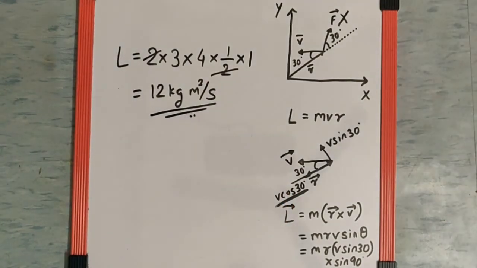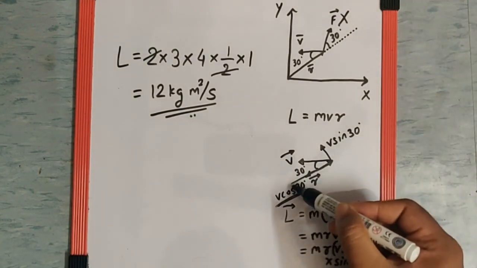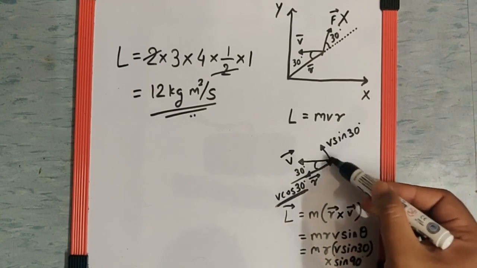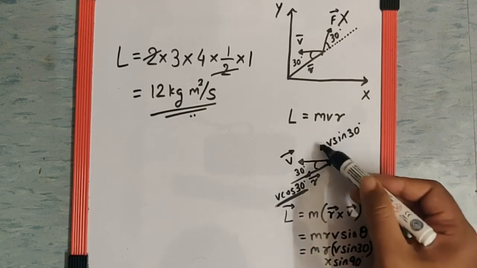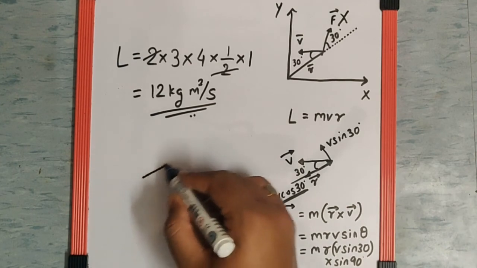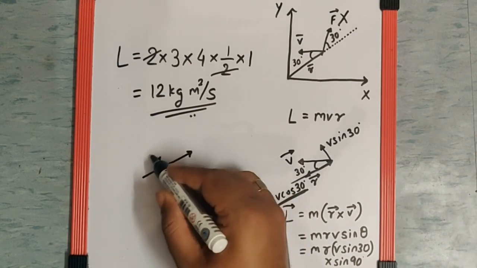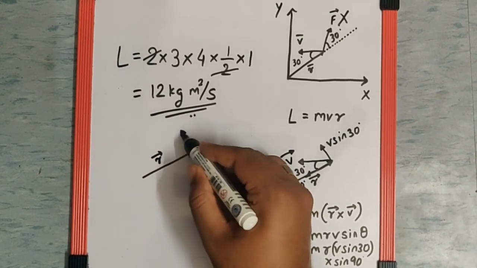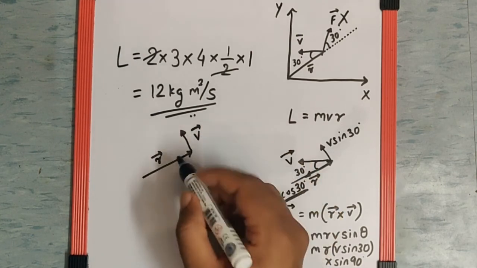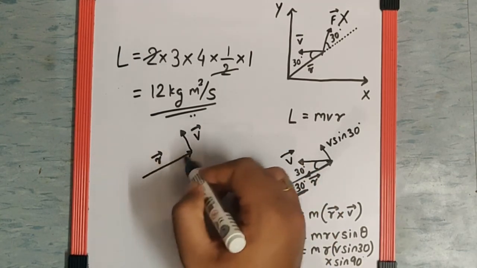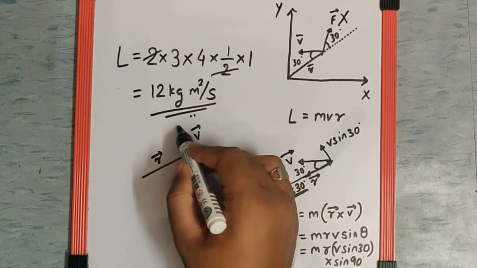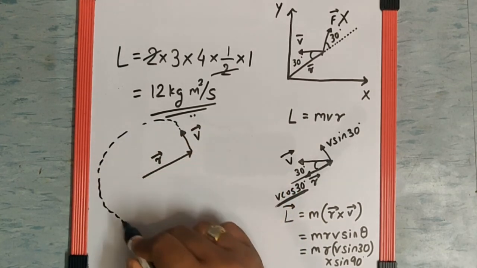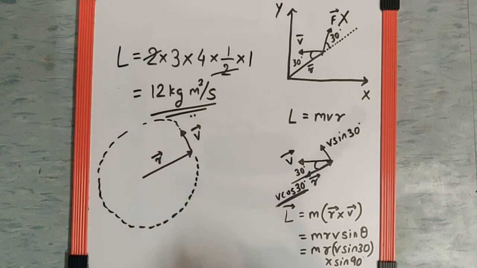Now the question is of the direction. We also need to find the direction in which the angular momentum is acting. Now over here we can say r bar is over here and v bar, which is taken into consideration, is this. So if I take that r bar as this and v bar, which is important for us over here, we can say this v bar will cause this r position vector to rotate in the anti-clockwise direction.